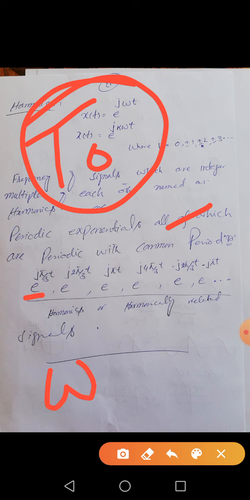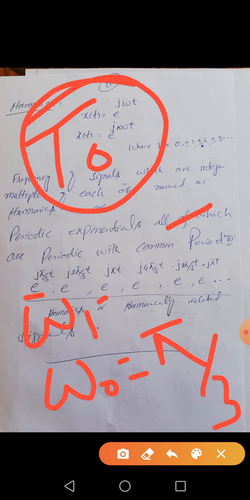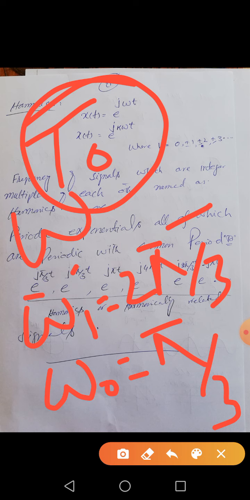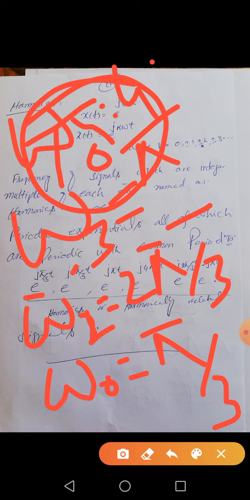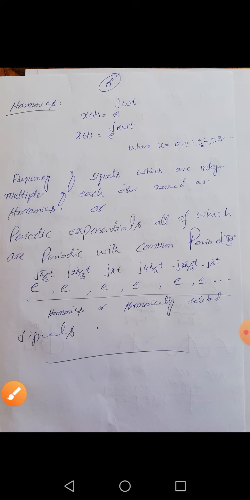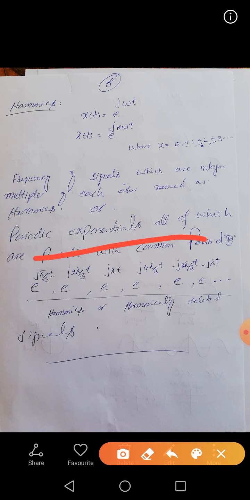For example, fundamental ω0 is equal to π/3. Now ω1, means k is equal to 1, is equal to 2π/3. This is ω0 or ω1, this is ω2, ω3 is equal to π, ω4 is equal to 4π/3, and so on. So these are the harmonics.